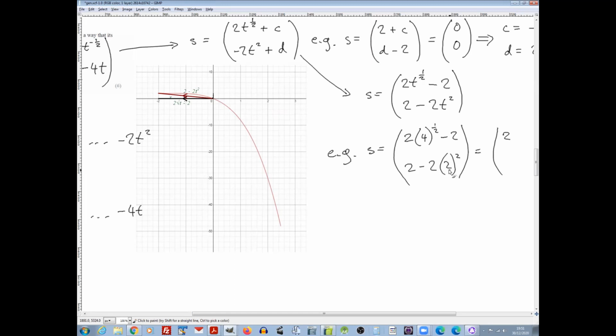Oh, what have I done wrong then? Oh, it's 4. Good. I was hoping I'd done something wrong because it wasn't tallying with what I thought. Right. Okay. 2 and minus 30. Ah, right. So I wasn't right down here. We're here, aren't we? That's B. But it does work.